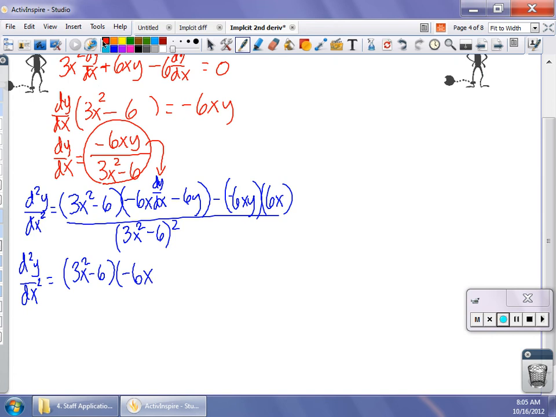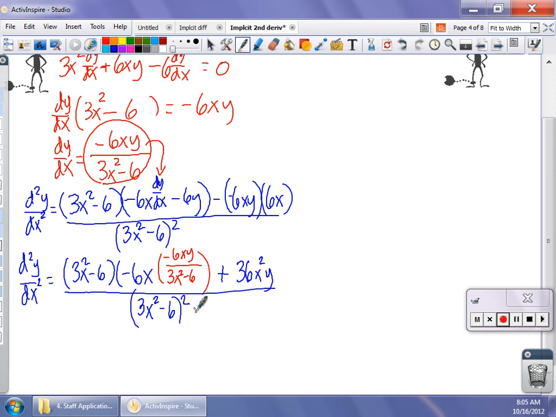Okay, here comes my dy dx substitution, which is negative 6xy over 3x squared minus 6. And then I'll have minus, or a plus, 36x squared y. Just multiplied that together, over 3x squared minus 6 squared.